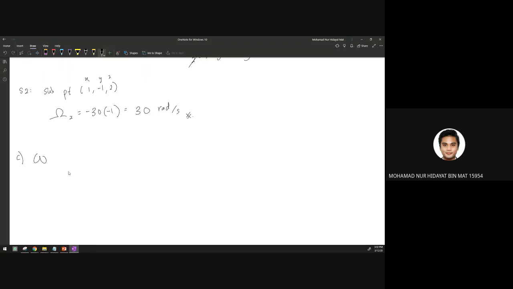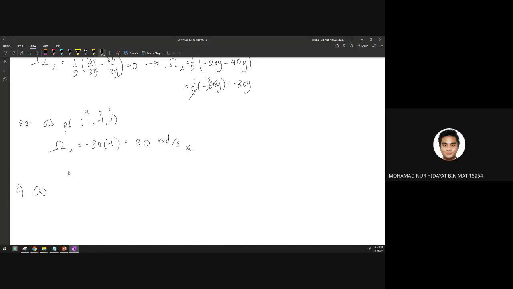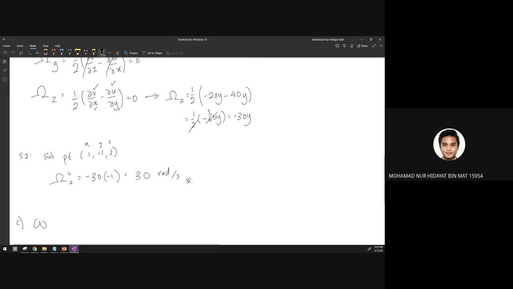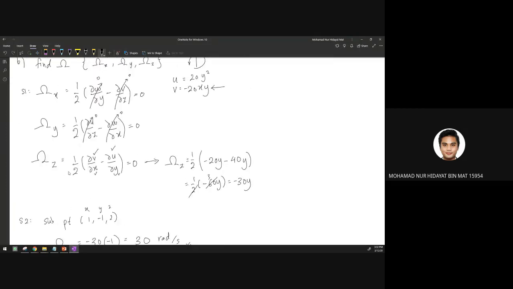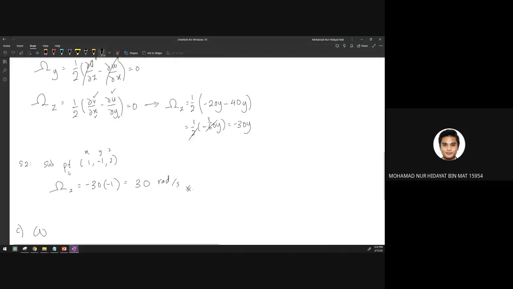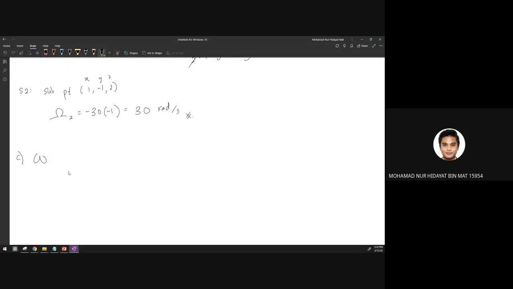So from here, remember, by definition, vorticity is 2 times the angular velocity. So I show you this definition.